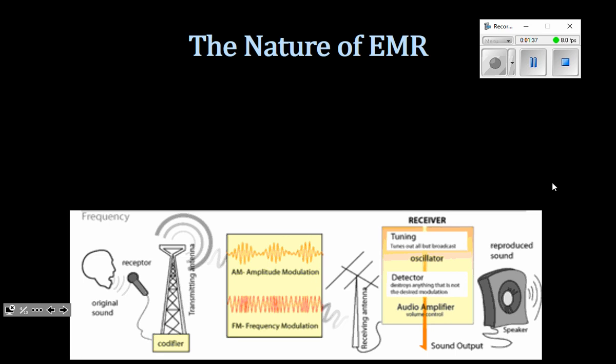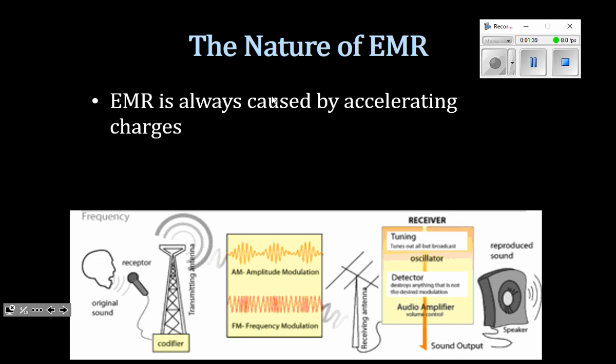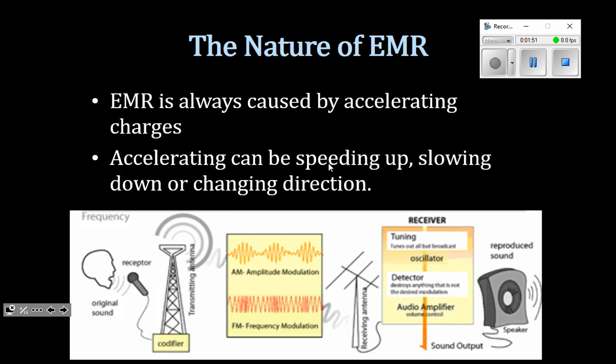In terms of the nature of EMR, it is always caused by accelerating charges. And we don't like to throw that word always around too often in science, but that's one where it's fairly constant. Accelerating, though, can be speeding up, slowing down, or going at constant speed but changing direction.